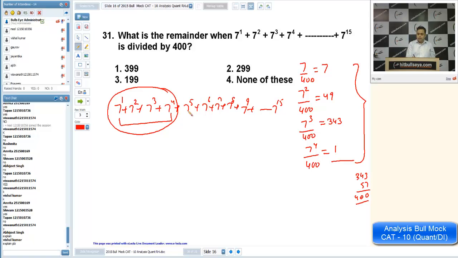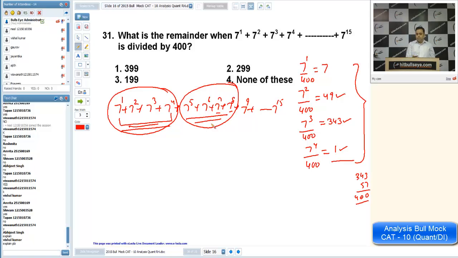Similarly, 7 power 5 will give you the remainder 7, 7 power 6 will give you the remainder 49, 7 power 7 will give you the remainder 343, 7 power 8 will give you the remainder 1. So that means these four remainders will add up to 400 again. So the sum of these four numbers as well as the sum of these four numbers is divisible by 400.